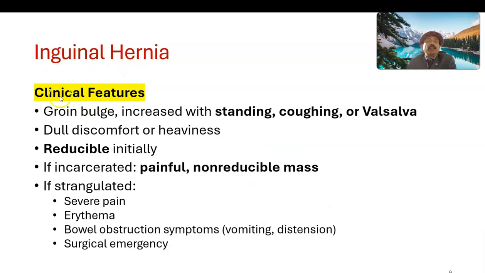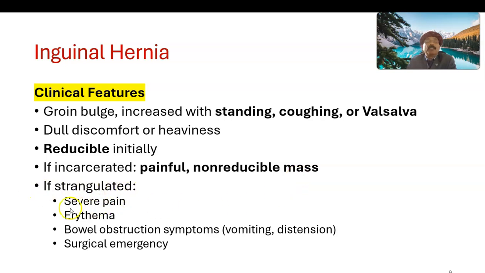Inguinal hernia clinical features: groin bulge that increases with standing, coughing, or Valsalva. This bulge disappears when a person lies down after sleep; in the morning, in bed, it is not bulged out. There is dull discomfort or heaviness, and it is initially reducible. If incarcerated, it is a painful, non-reducible mass.